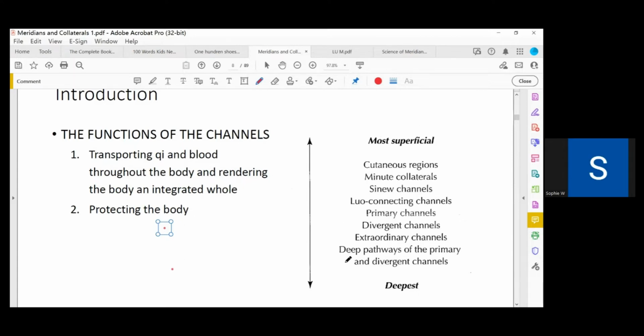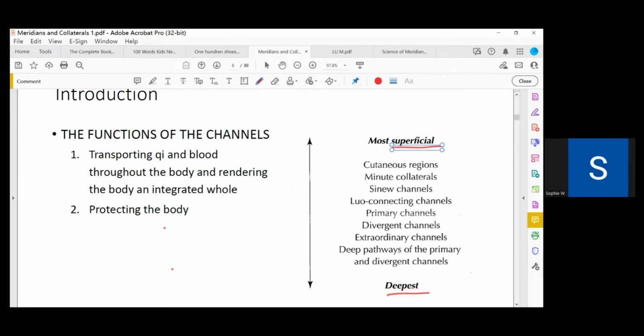And here we talk about the superficial and the deepest level. The cutaneous regions, that's the skin regions, right? The skin regions, that's the most superficial. You can touch your skin, right? So that's the most superficial level in the meridian collateral system.